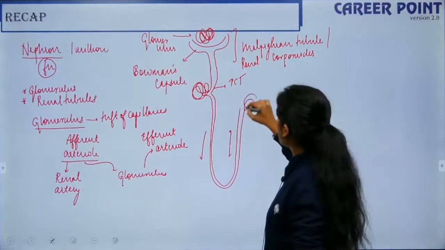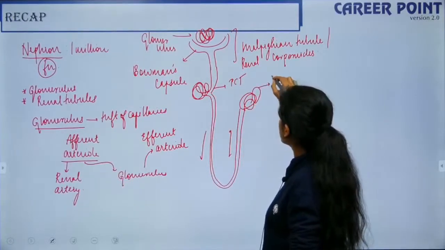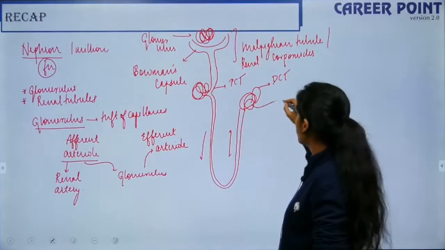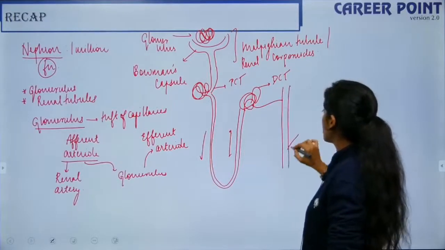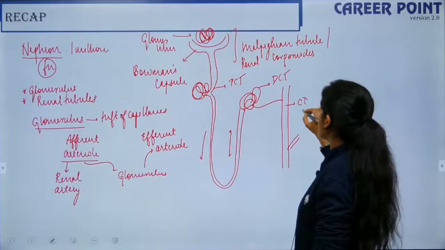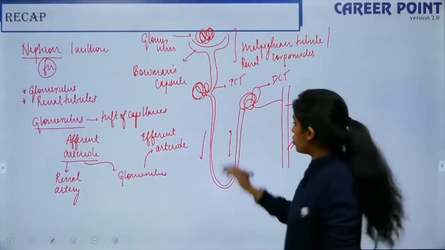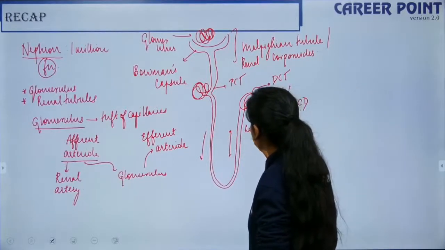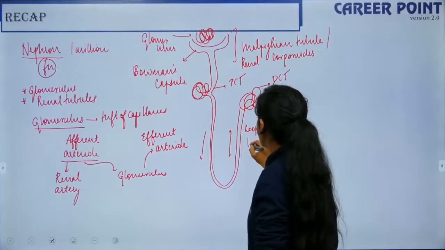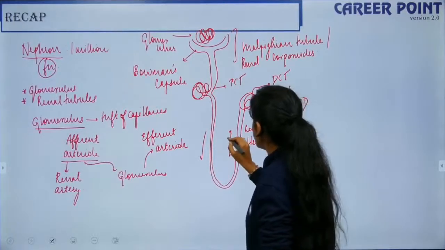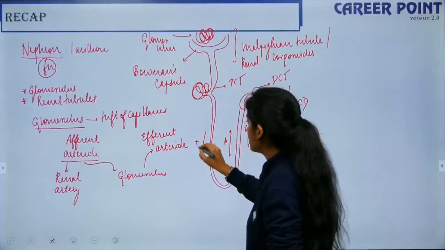Again you have a tightly coiled structure. This is your distal convoluted tubule and then it opens into the collecting duct. This is the collecting duct. Alright. This is loop of Henle. This is the ascending and this is the descending limb.